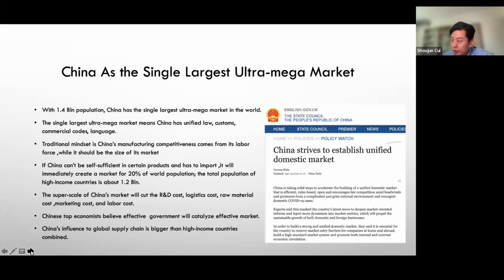But in the meanwhile, the U.S., the Biden administration, just passed the Chips and Science Act, which is to decouple the link between China and the U.S. microchip or semiconductor industry, and try to put some sanctions on China and impede China's microchip industry innovation.